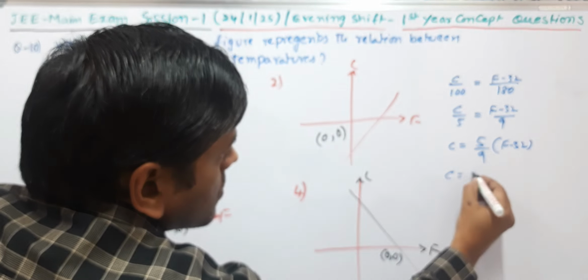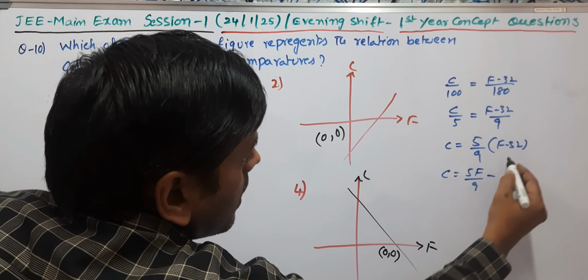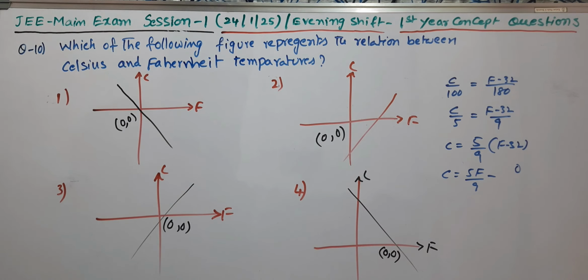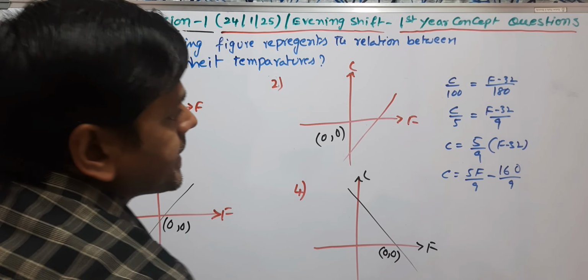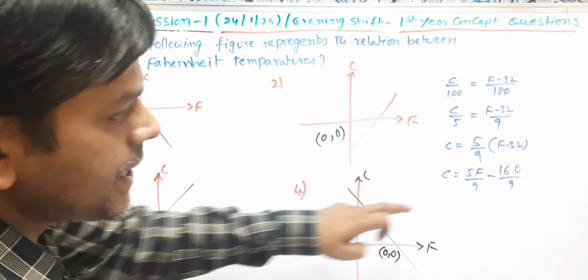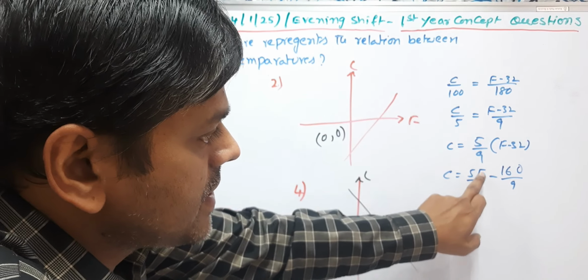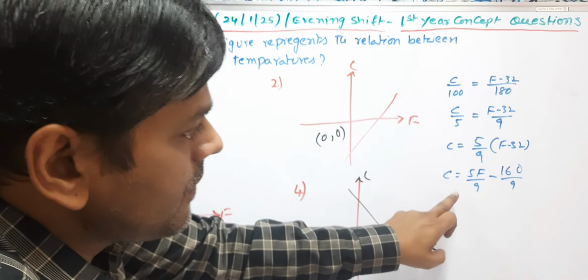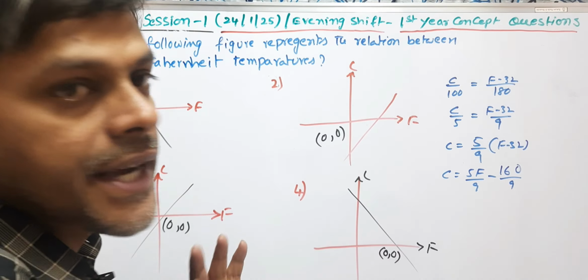That implies C is equal to 5F by 9 minus 5 2s are 10, 5 32s are 160 by 9, isn't it? So when you take F is equal to 0, C is equal to negative. Whenever F is equal to positive, C is equal to obviously negative.